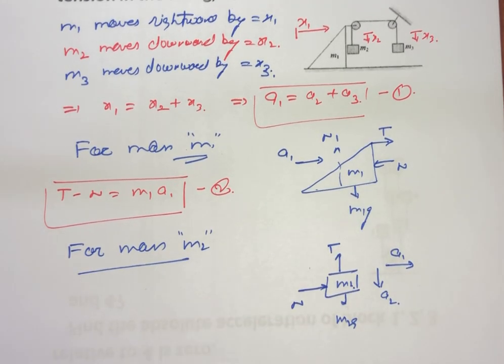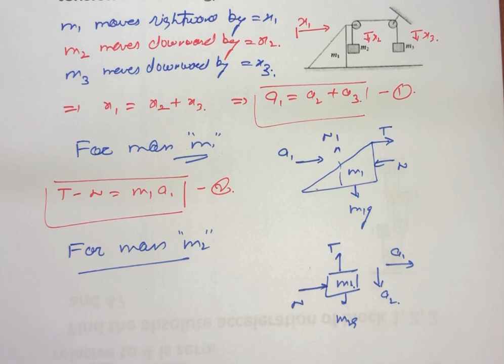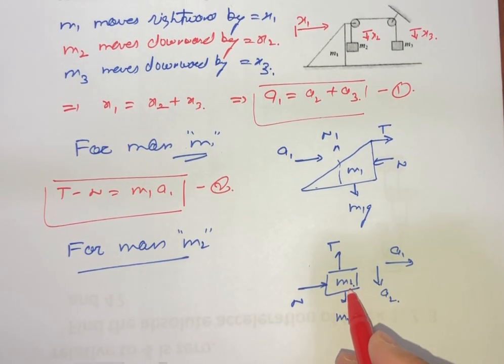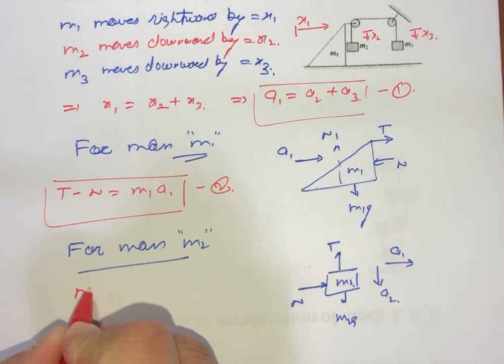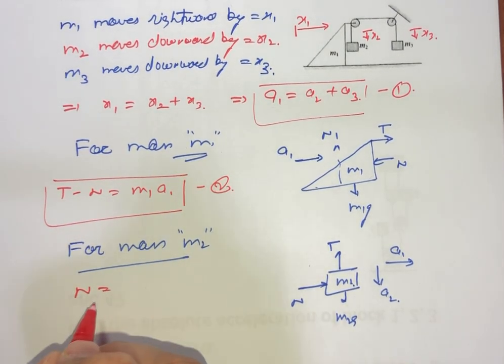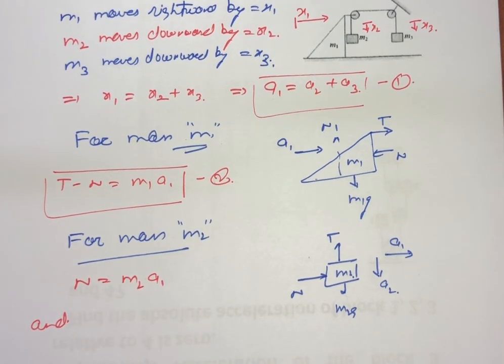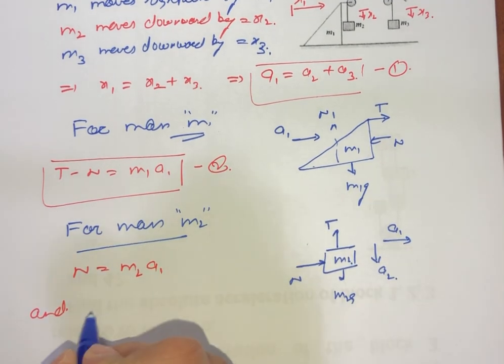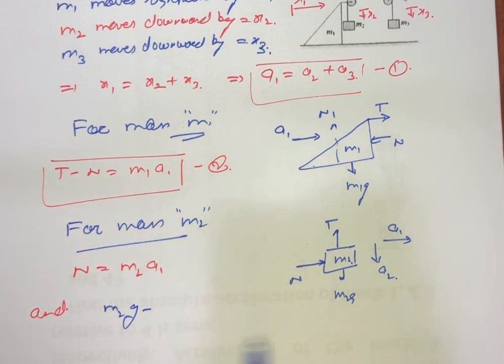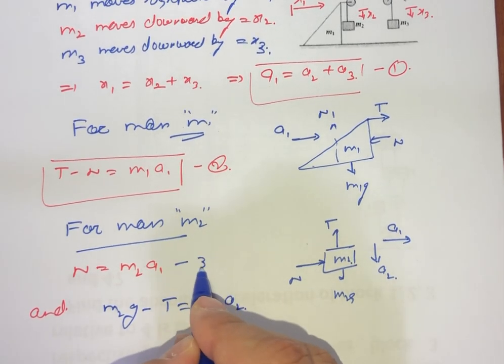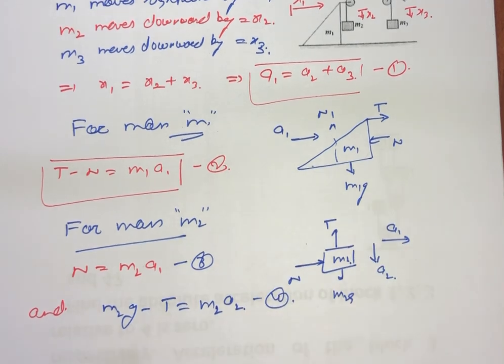Therefore we can write the equation as N is equal to M2 multiplied by a1, and for vertical we can write that M2g minus T will be equal to M2a2. Let this be equation number 3, and this be equation number 4.